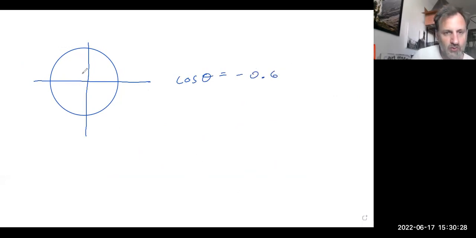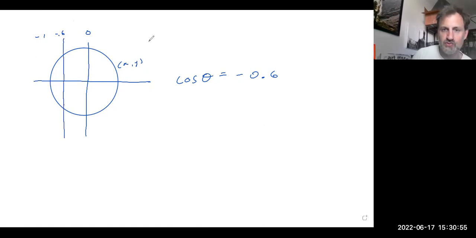Okay, so let's think about what this means. Cosine theta is negative 0.6. Well, cosine is the x value, right? X, y. So we're talking about negative x values over here. Negative 0.6, if this is 0 for x and this is negative 1, is going to be somewhere along this neighborhood.